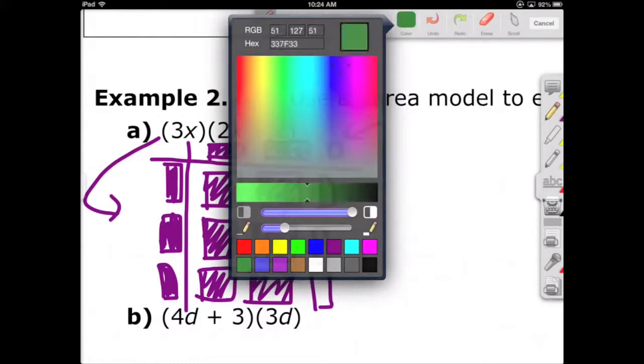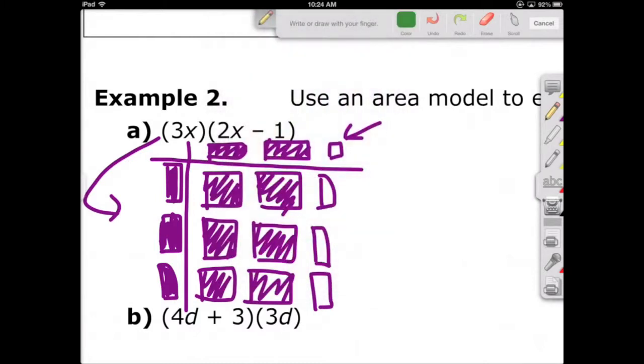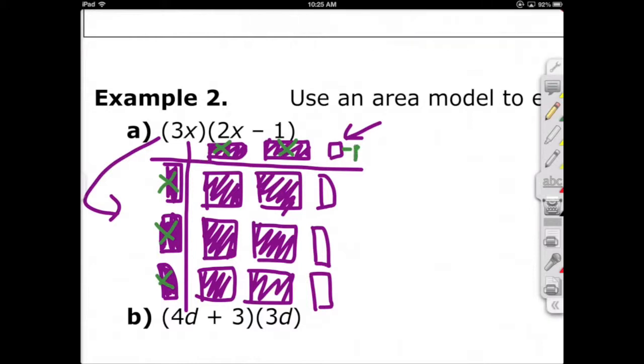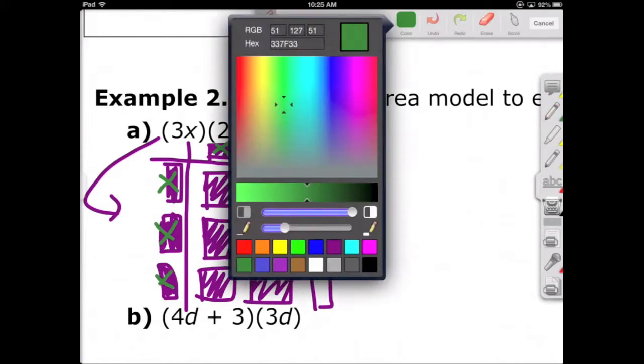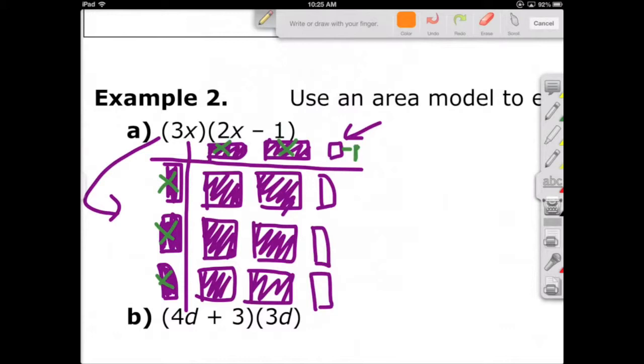How about green? So our answer, when you multiply 3x by 2x minus 1, is that you get, again, let's hit done. Choose a slightly different color. Let's go with orange. You get all these x squareds.